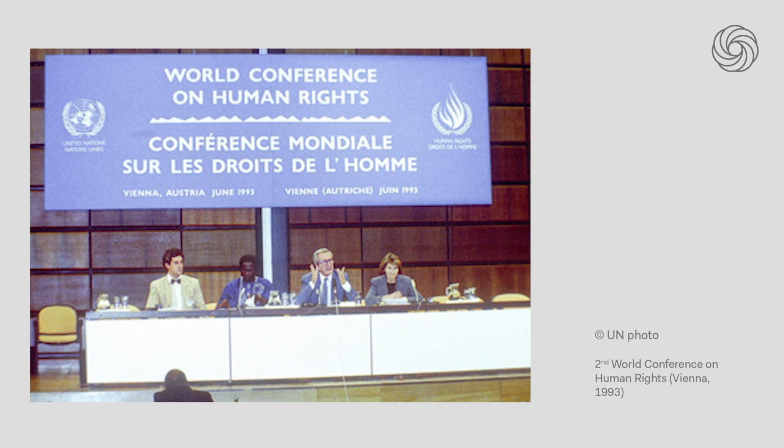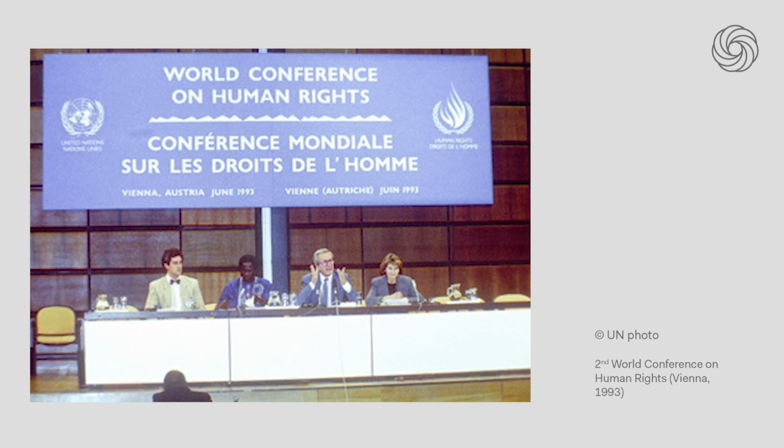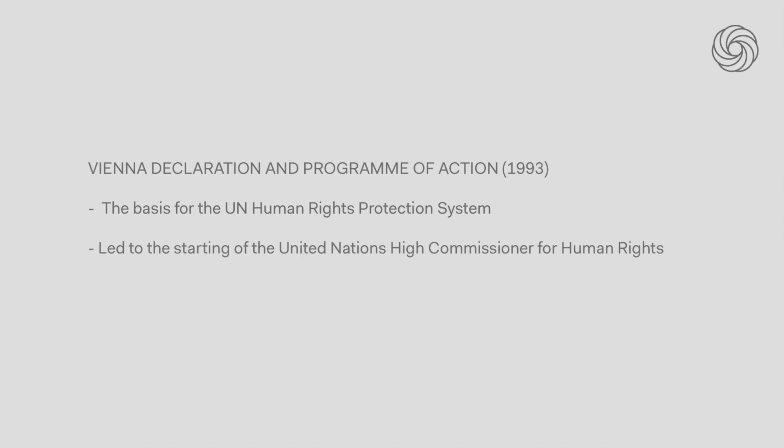And that was leading to the convening of the Second World Conference on Human Rights in Vienna, where all the states of that time were enacting the Vienna Declaration and Program of Action, which is the basis for the United Nations Human Rights Protection System, afterwards under the lead of the High Commissioner on Human Rights in Geneva.